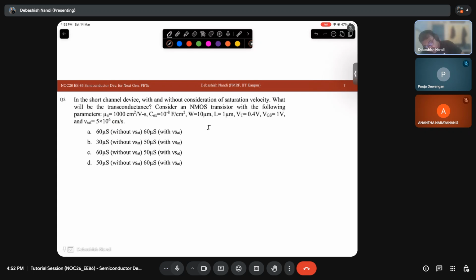So ID sat pinch off is half mu n Cox W by L, VGS minus VTH whole square. So your GM sat will be mu n Cox W by L, VGS minus VTH, right? This is one formula.